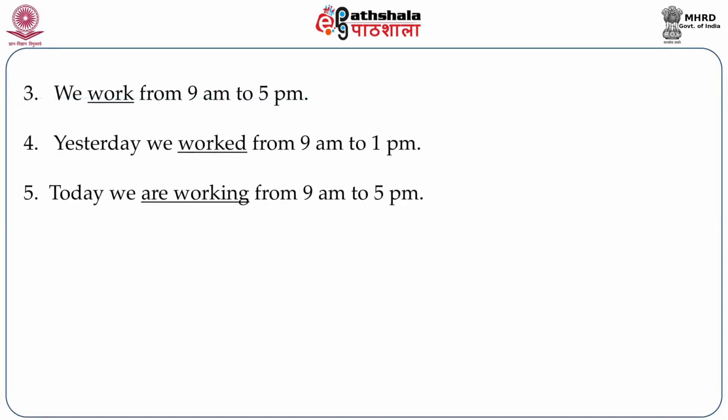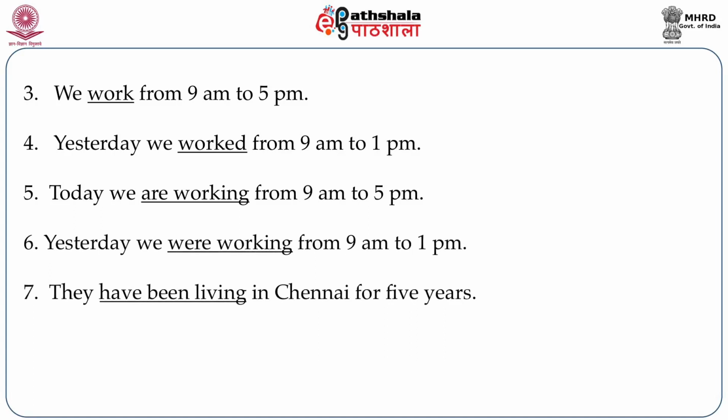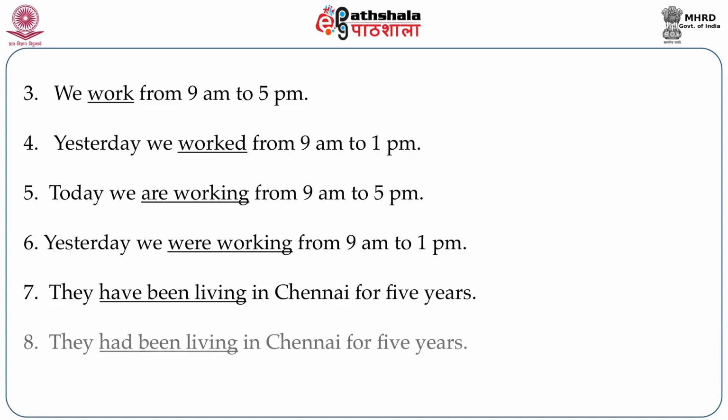Look at the screen now. You have 4 examples there, 5, 6, 7 and 8. In 5 we have today we are working from 9 AM to 5 PM. In 6 we have we are working from 9 AM to 1 PM. In 7 we have they have been living in Chennai for 5 years, and in 8 they had been living in Chennai for 5 years.